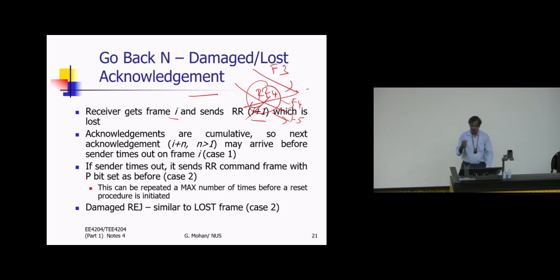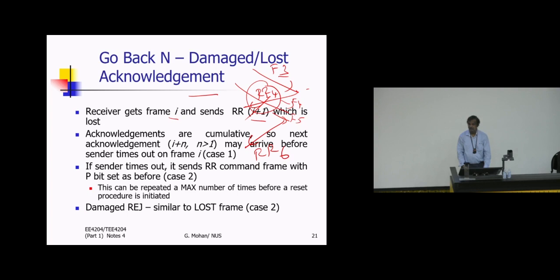It received frame 3, it sent RR4: I am ready to receive from 4. Does it know that RR4 was lost? Now it receives frame 4, frame 5. It sends a new acknowledgement, RR6.